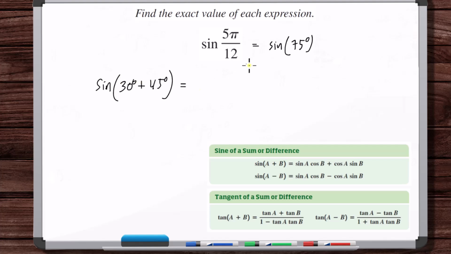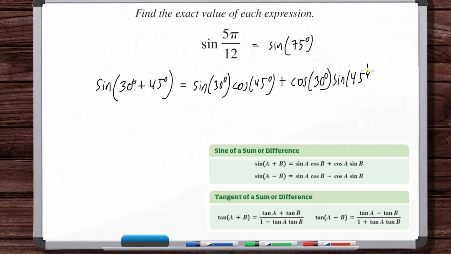So sine of 30 plus 45 is sine of 30, cosine of 45, plus cosine of 30, sine of 45.